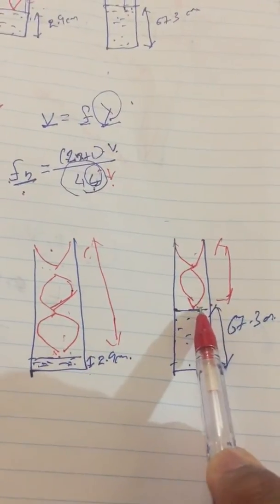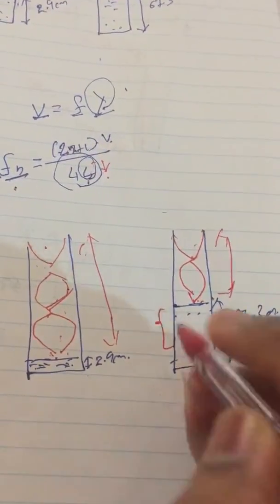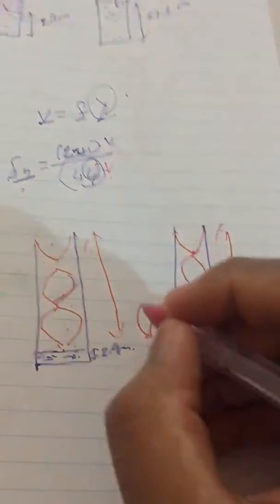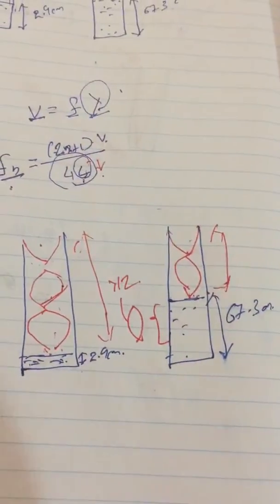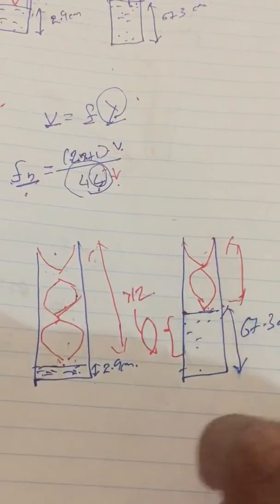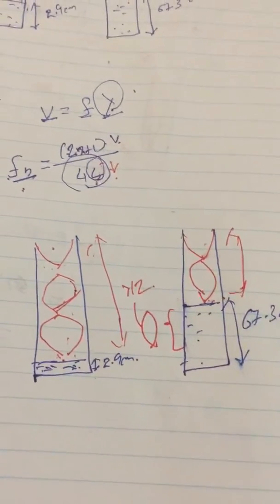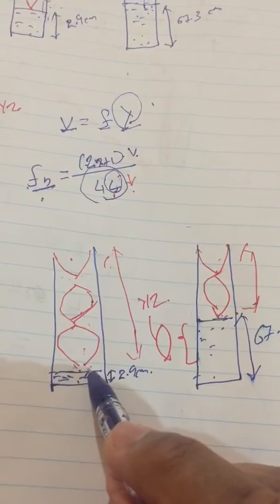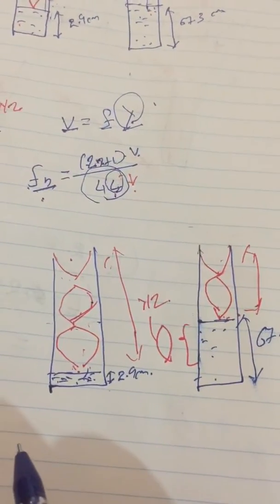This change in length will correspond to a loop, which is lambda by 2. Listen to that very carefully: the change in length will correspond to a loop. Now this loop has disappeared. If you consider here and here, it's as if the water has gone offshore and engulfed this loop.